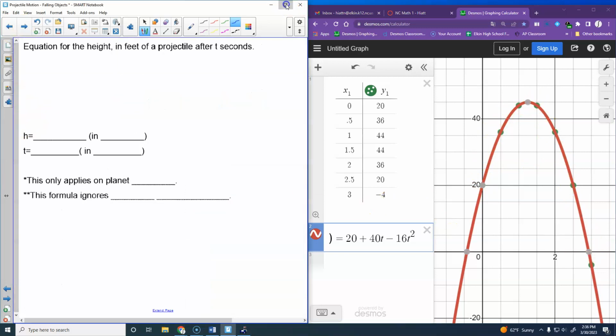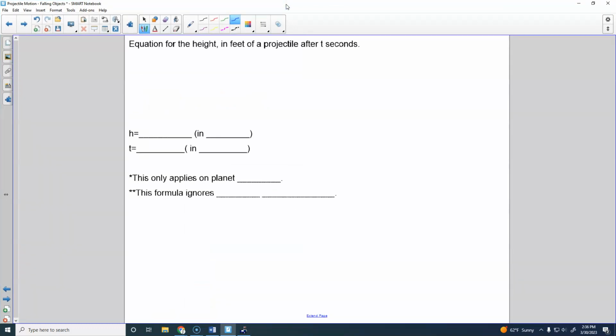All right, so the general equation for the height of a projectile after t seconds is going to be this. H of t equals h sub 0 plus v sub 0 t minus 16 t squared.